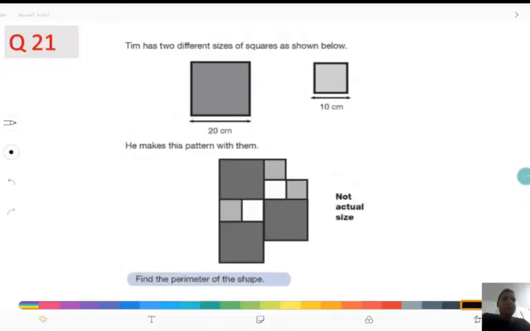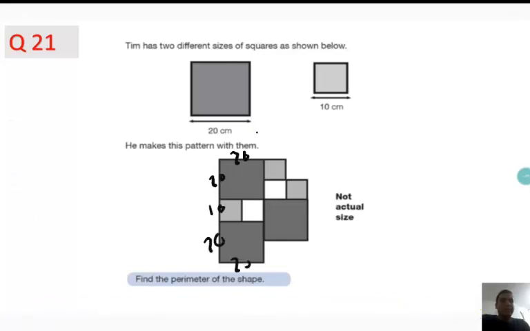Tim has 2 different sizes of squares as shown below. The first is a 20 centimeter square, the other square is 10 centimeter. He makes this pattern with them. Find the perimeter. To find the perimeter, we should find all the outside sides and add them together: 20, 20, 10, 20, 20, 10, 20, and then 10, 10, 10, and 10.